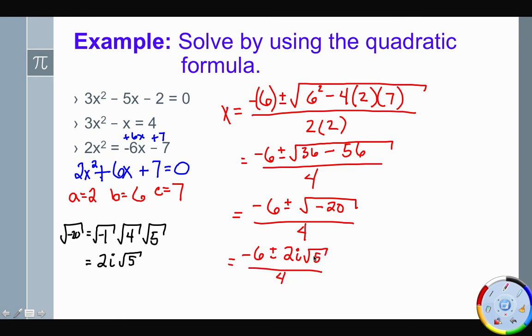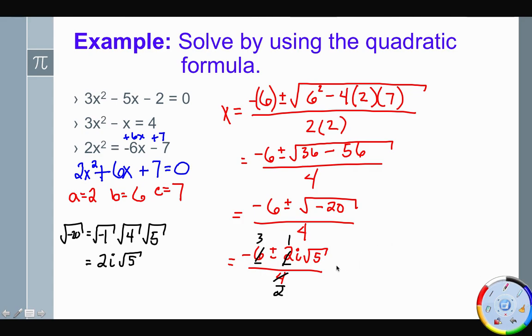And because we can't simplify this down to a very nice number, we're going to leave this as a plus and minus. However, one thing we can notice is that this 6, this 2, and this 4 are all even. And if all of those things have the same number, I can cancel out a 2. So I divide that by 2, I divide that by 2, and I divide that by 2.